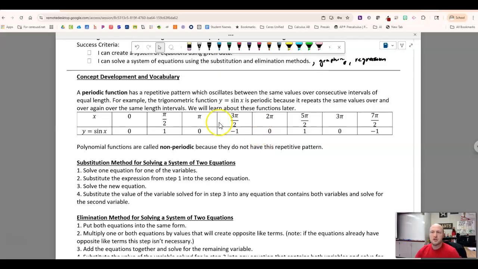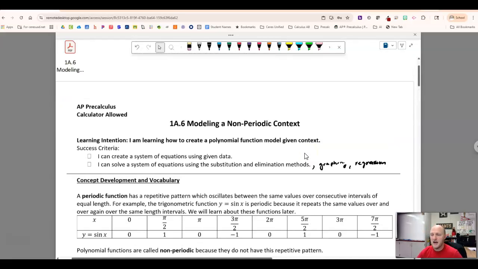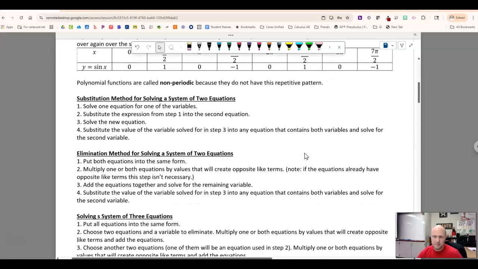So, for example, trigonometric functions would be periodic. So sine of x, cosine of x, because these values repeat over a given interval. So you can see here for sine of x we get 0, 1, 0, negative 1, 0, 1, 0, negative 1. They repeat. Polynomial functions are what we call non-periodic because they do not have this repetitive pattern.